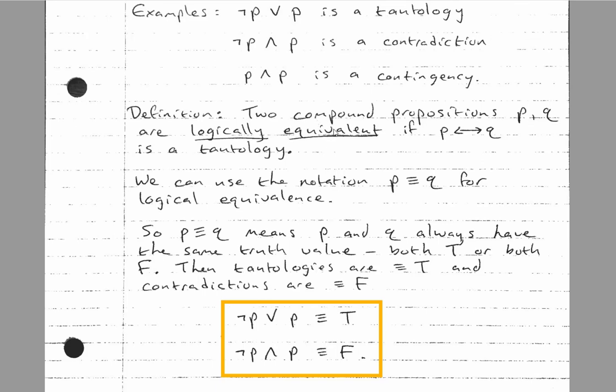Alright, so now we know what a tautology is. It's just something that's always true. Our second definition: two compound propositions P and Q are logically equivalent if the biconditional statement, P if and only if Q, is a tautology.